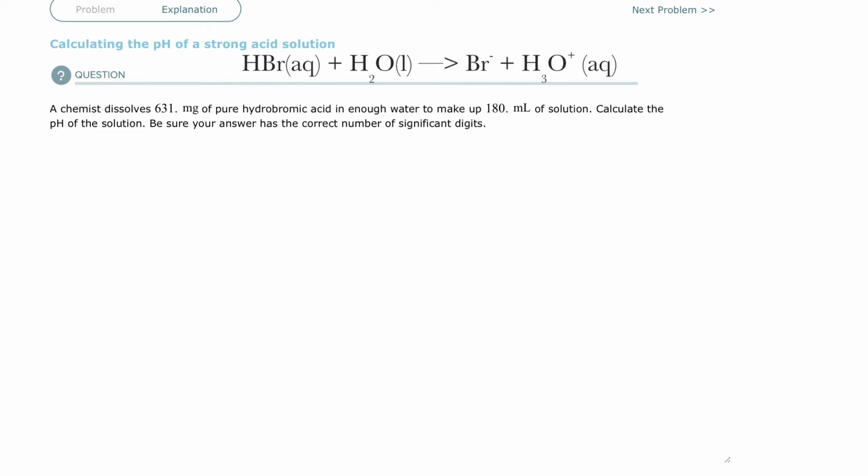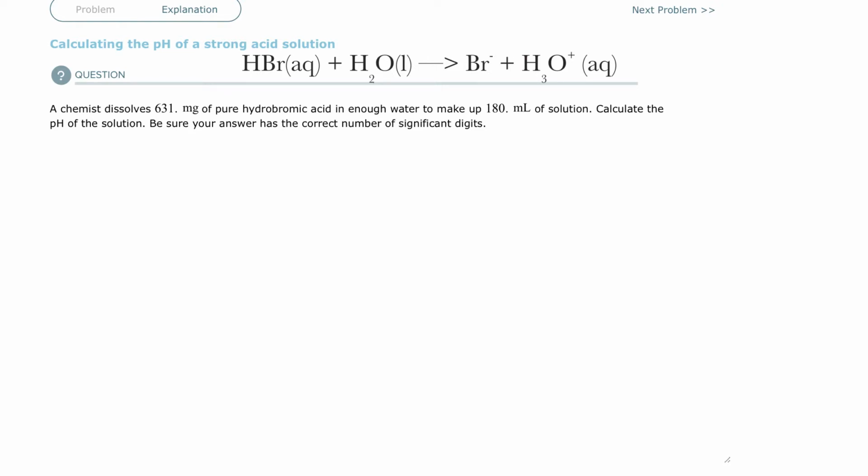Here's the equation, and I have to balance it because I have to know what the hydronium is first, but I have to know hydronium based upon how much hydrobromic acid they're giving me. So I need to know that it's a one-to-one relationship. So you have to balance the equation first.